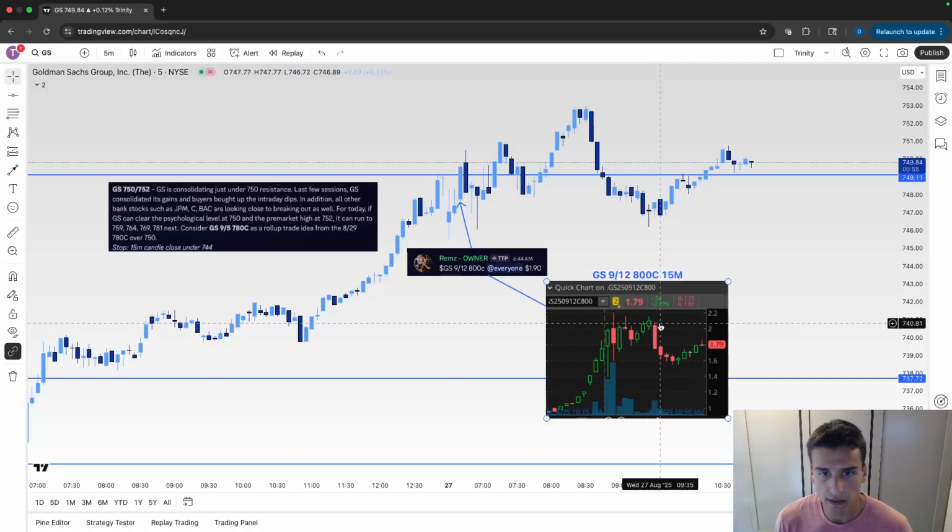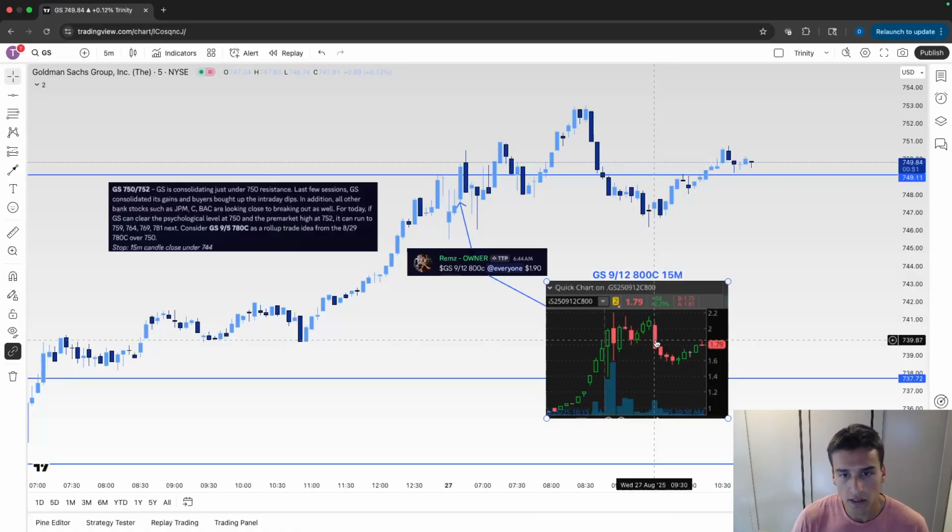So us trimming at 10% means we're not super confident in the trade anymore. And then eventually we just cut it at 1.8, right? So about 10 cents under our entry price. And essentially this became a scratch trade, unfortunately, even though this was a really good setup through 52-week highs.